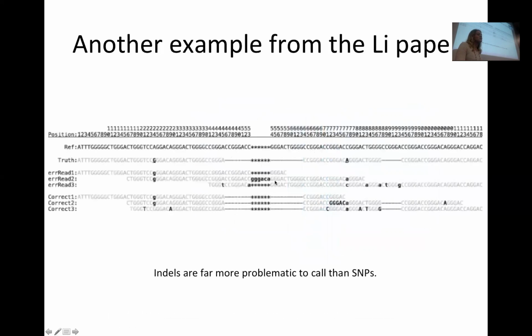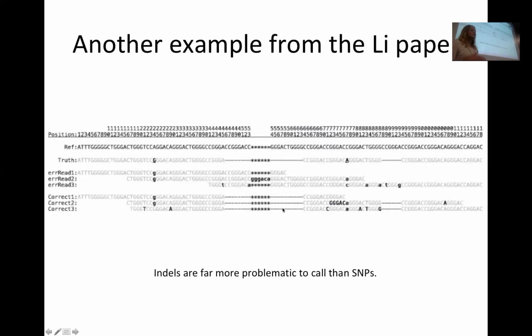It's very much in the same vein as the previous example, just a little more complicated, where there's an insertion of a GGGAC and it gets mismapped because the inserted GGGAC matches the exact next 6 nucleotides. It's just very hard to sort out that you have a big deletion here.